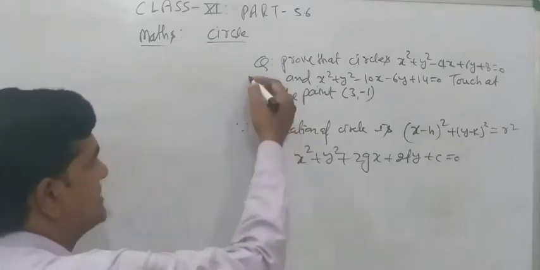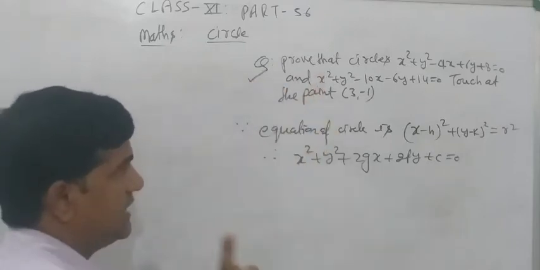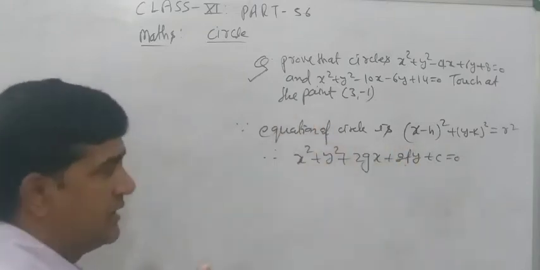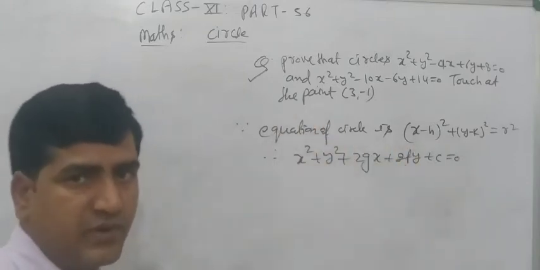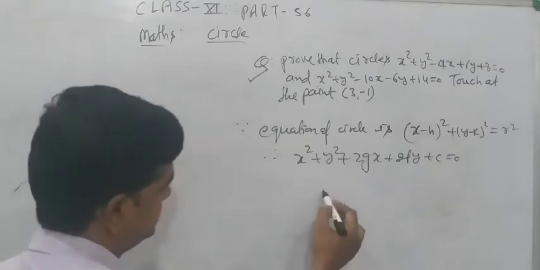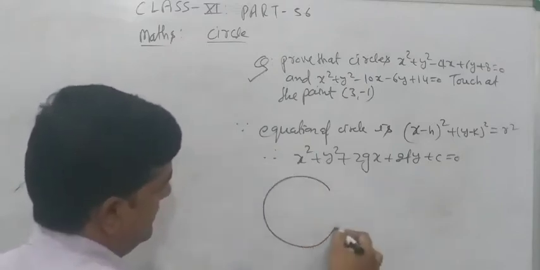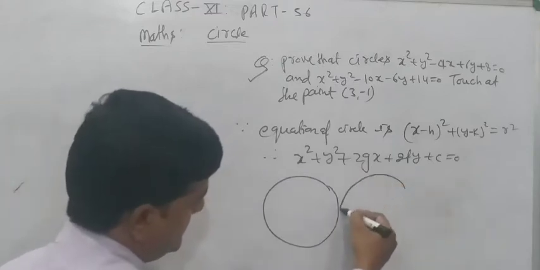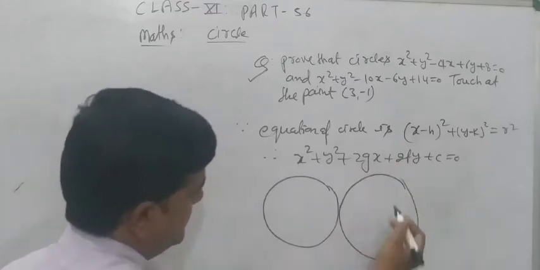But you see this question here, we have to prove that two circles touch at the external point and internal point. Understood? Suppose here is the first circle and second circle.